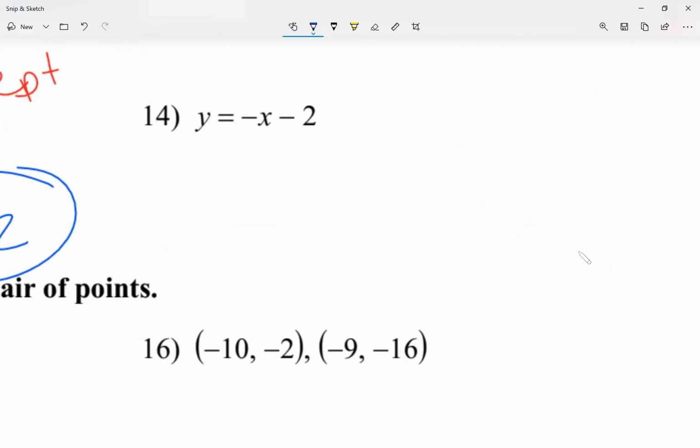The slope is the number that comes with the x. In this case, I see negative x. I only see a negative sign in front of the x. That is technically -1. So my slope in this case is just -1. Sometimes my slope is a fraction, sometimes it's a whole number. Don't forget the sign though.